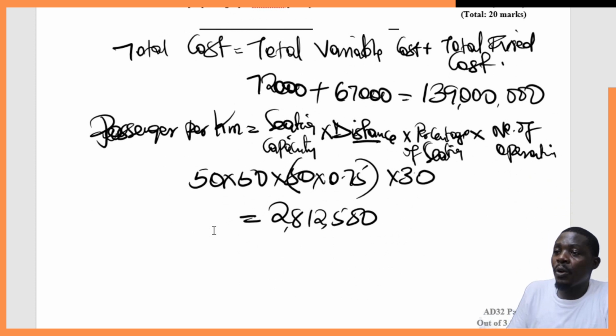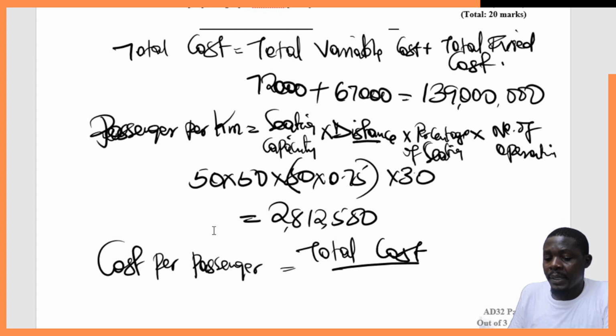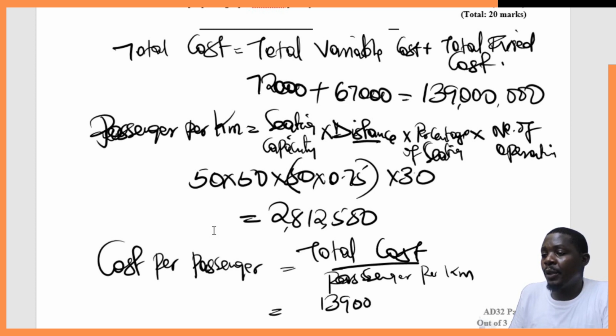Therefore, to determine the cost per passenger, we take the total cost and divide by the passenger per kilometer. We take 139 million and divide by 28,125,500.